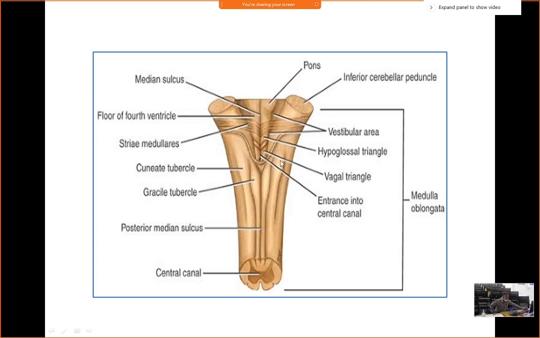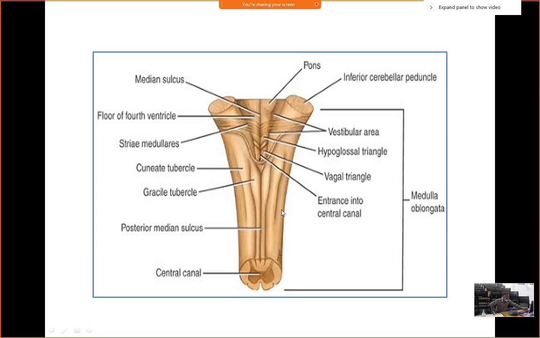The fasciculus cuneatus ends as a tubercle called the cuneate tubercle. These tubercles are produced by the nuclei. All the sensory or ascending fibers end here, and from here the second order neuron arises.